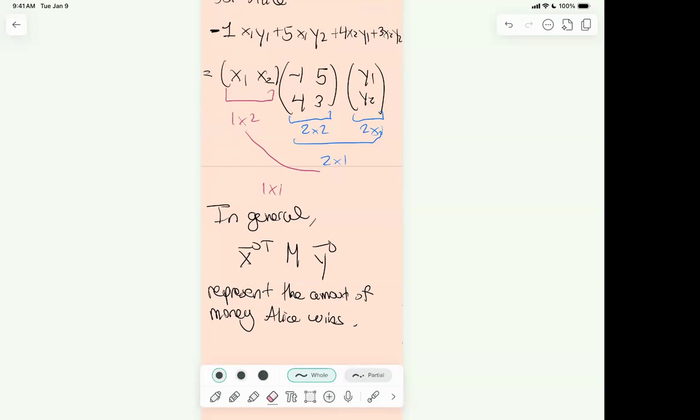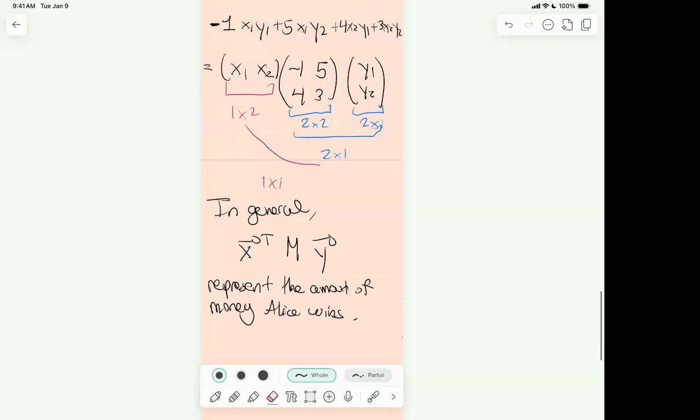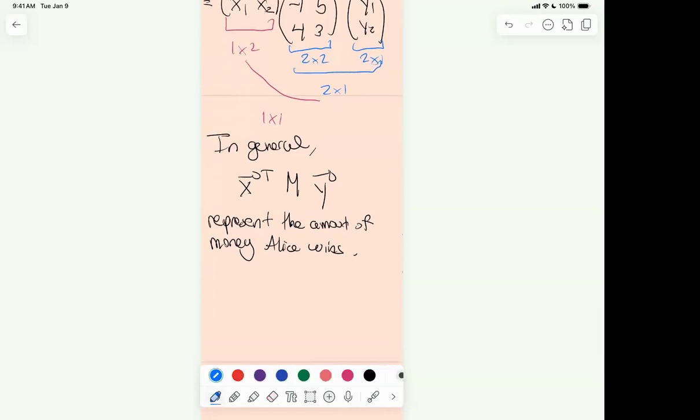So now let's look at the game from Alice's point of view again. Let's analyze this game from Alice's perspective.